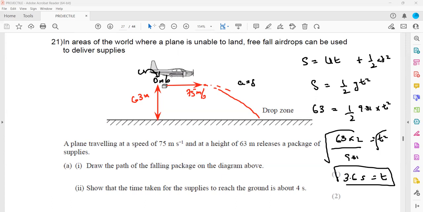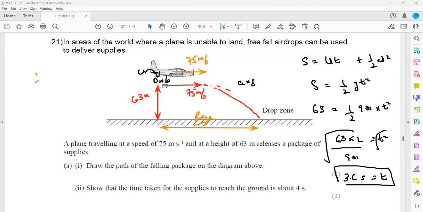But to solve a question, we always assume the horizontal component is the same. So the horizontal component, which is 75 meters per second, remains 75 meters per second throughout. So the horizontal distance covered by the package is the same as the distance covered by the plane from the dropping point. So we have to calculate this range here.